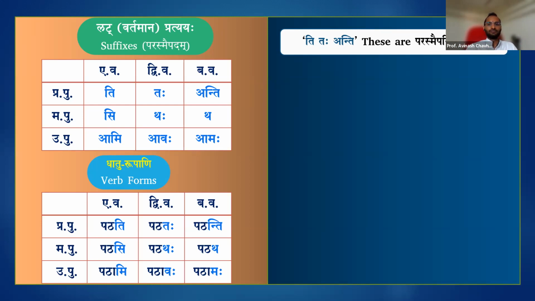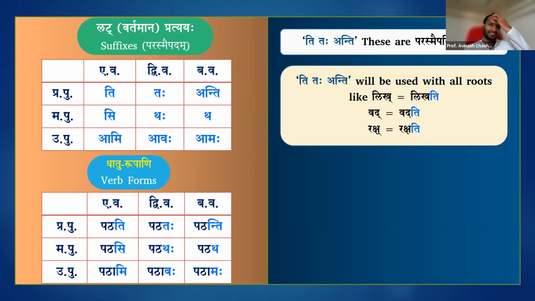Now let's use another dhatu, like vad plus a vikarana and ti, etc. pratyayas. Vadati. Can you make the next forms? Shall I do it, Renuka ji?